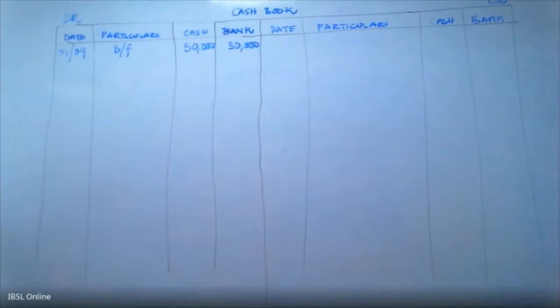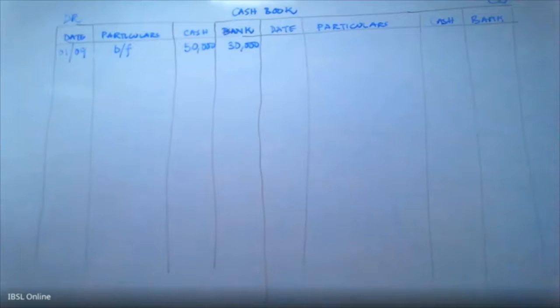JD Limited is one of your creditors, because according to this transaction, I am paying, looking at it from the point of view of the business, MN Company. JD Limited is one of my creditors. So I am trying to pay this creditor.